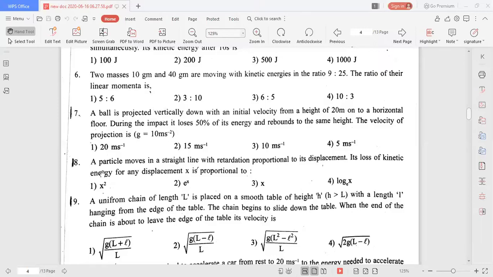Now, the chain begins to slide down the table. When the end of the chain leaves the table, velocity V is equal to question mark. All of you look at the board.